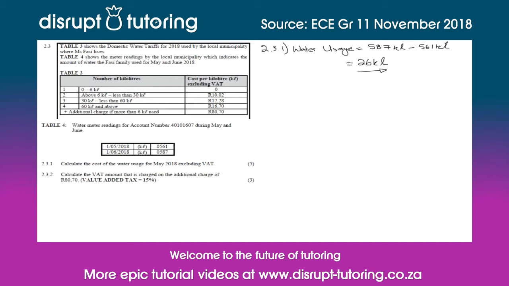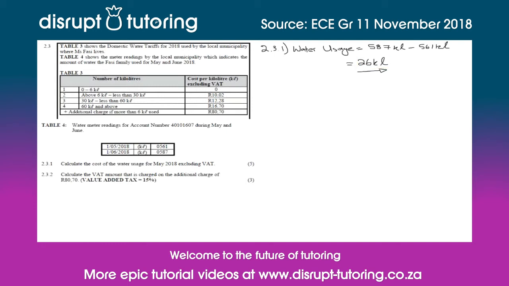Now we need to use that information to calculate the cost. How water tables work is it gives us that between 0 and 6 kiloliters, it's 0 Rand. It's free, given to us for mahala. Then above 6 but less than 30, it's 10 Rand and 2 cents. You can see this is where this reading falls.